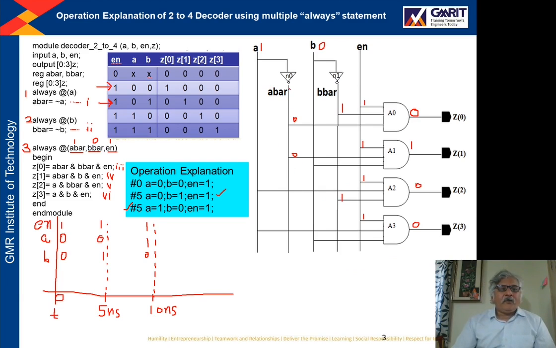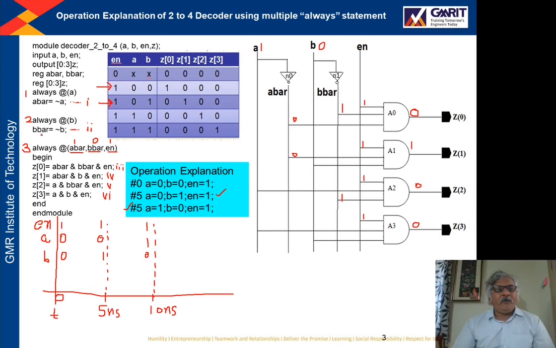So always block number 1 and 2 are activated because the event occurred on a and b at 10ns. Now due to statement number 1 of always block number 1 and statement number 2 of always block number 2, the value of a bar and b bar also changed.